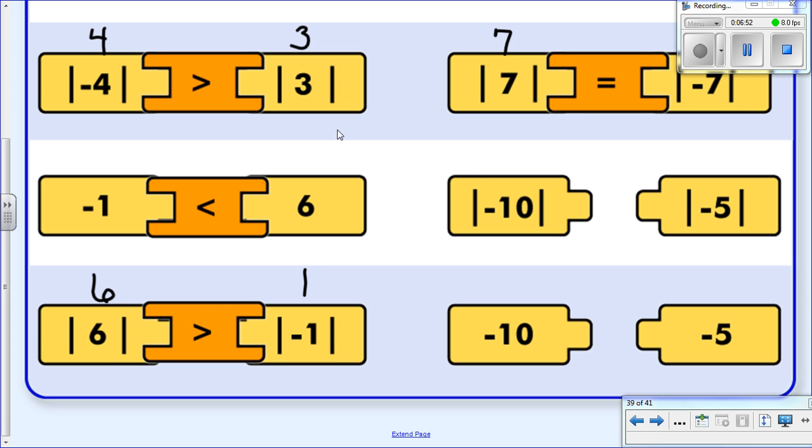Let's take a look at the next one. The absolute value of negative 10 is positive 10, and the absolute value of negative 5 is 5. So 10 is greater than 5.